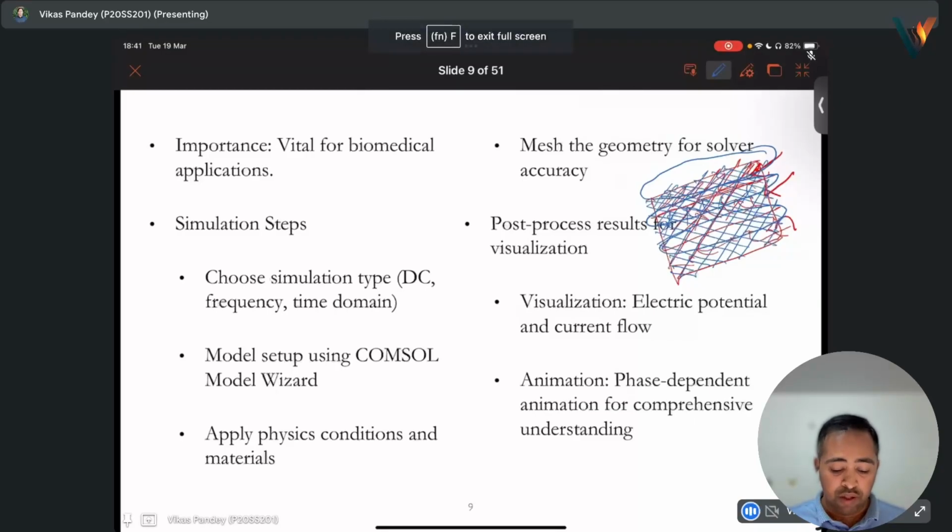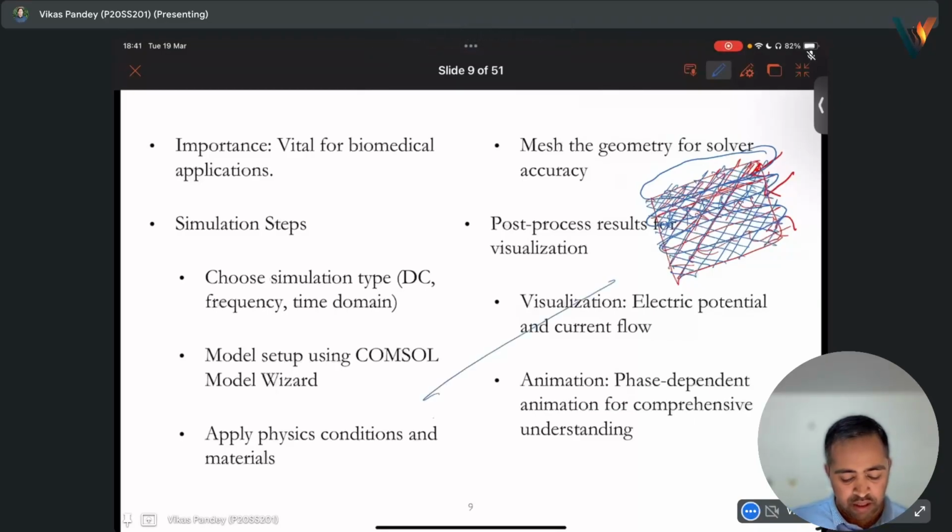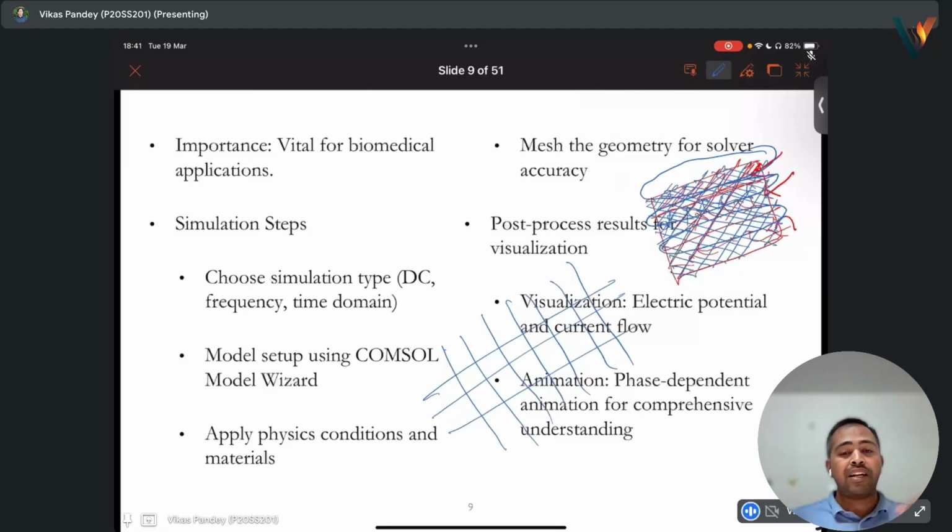And what it does is that if we take, let's say, these are the mesh points. Okay, so the equations are not solved at each and every point. Instead of that, they are generally solved at these intersections only.